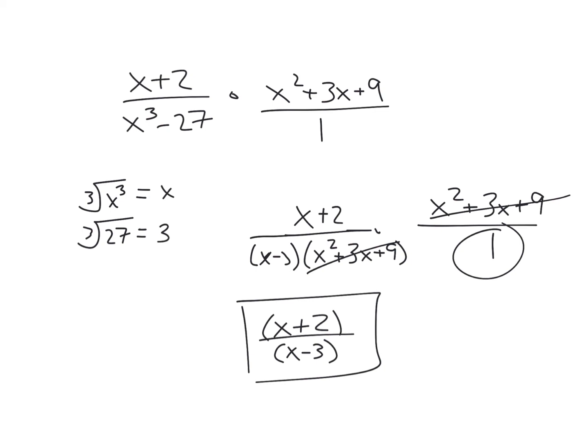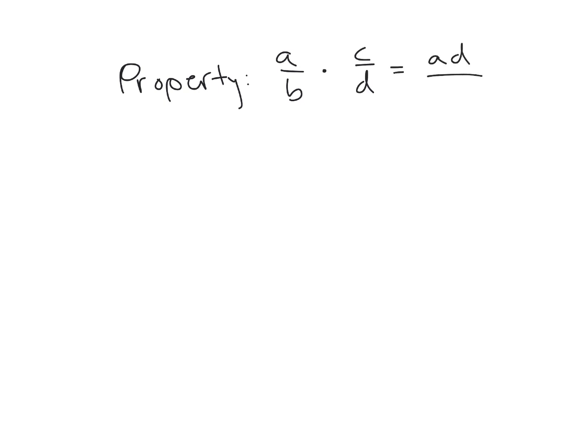So now let's talk about the division of rational functions. The division of rational functions is honestly the exact same as the multiplication. However, you just have to understand one little thing. The property for it is if you have a over b divided by c over d, then that's going to equal AD over BC.